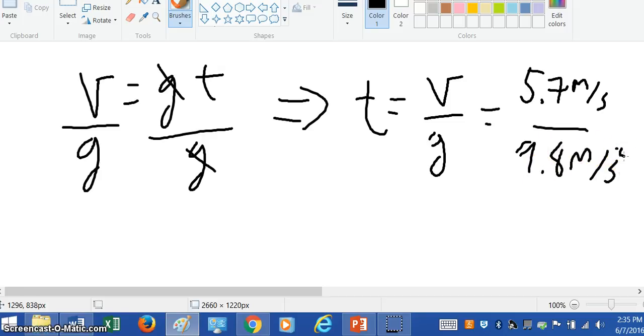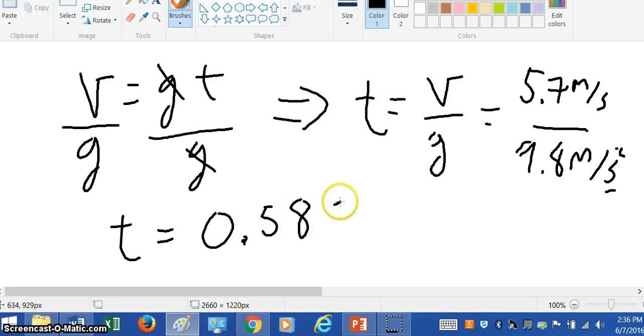Everything cancels except for a second down there, and that goes up to the numerator because it's of course time. When you do this calculation, it comes out to be 0.58 seconds. So a little more than half a second it takes to reach that velocity.